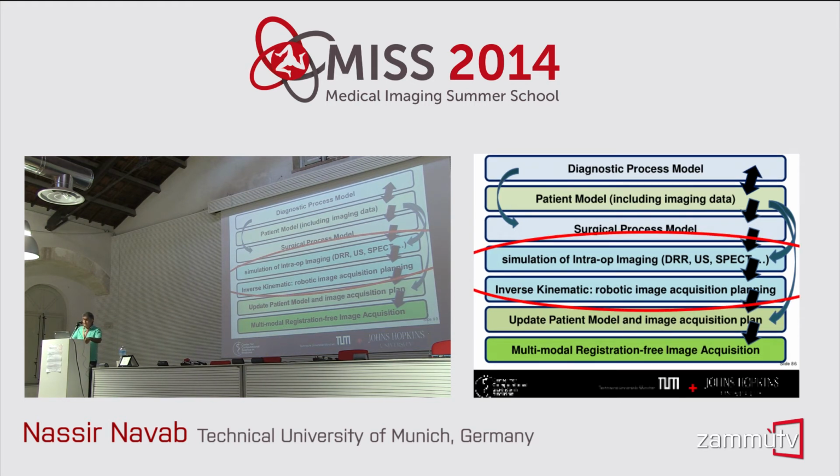So we had one example that we are following, but the main part, the beautiful part, which includes registration, segmentation, and computation of all the inverse kinematics, is where the doctor says, what do I want to see? And that is going to be our optimization criterion.